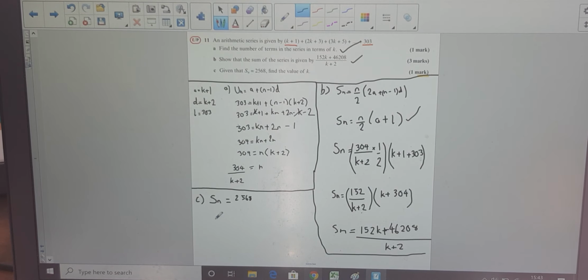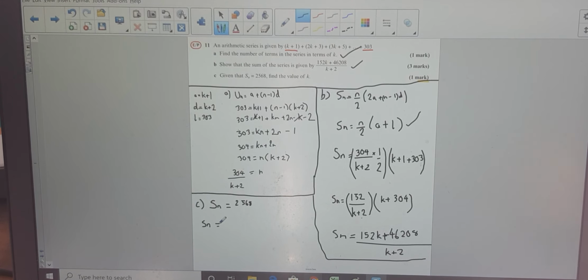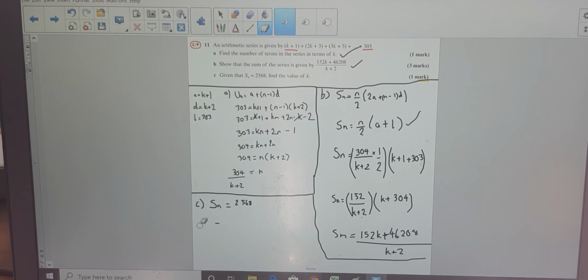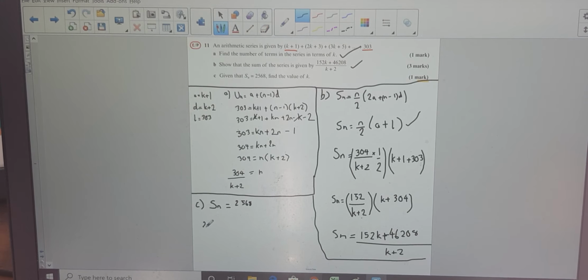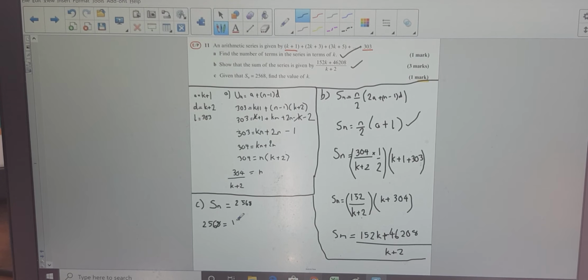I'm going to use the Sn is equal to, because I've worked out an expression for that, and I know that that's equal to 2568. So I'm just going to equate them. So 2568 is equal to 152k add 46208 over k add 2.